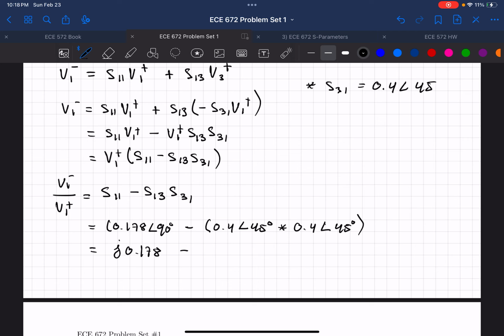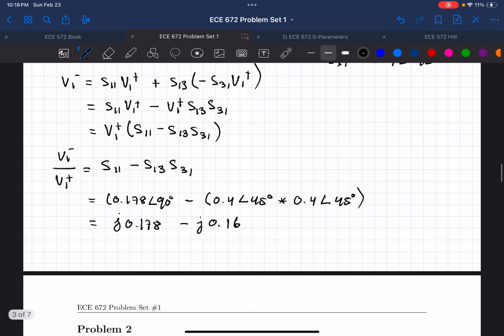That leaves us in the j axis, j0.16. So V1 minus over V1 plus is equivalent to j0.018, which is 0.018 at an angle of 90 degrees.